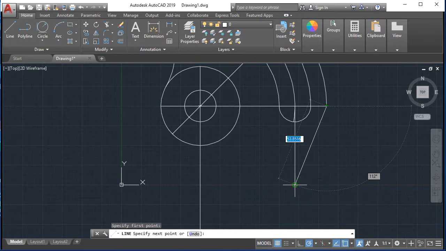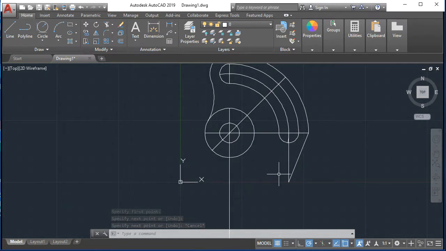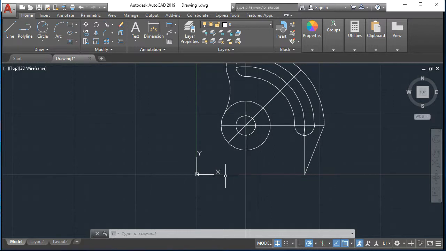So this is 112 degrees, and we now need this line. We want to draw one more line which is perpendicular to this, with any distance until here.